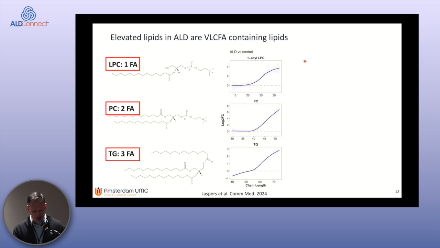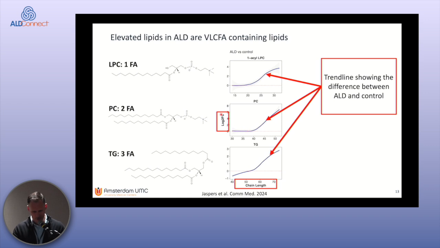Here, in the plots in the middle, the log fold change is plotted on the y-axis, and on the x-axis the chain length is shown for lipids that are present within each class, and the trend line here represents the difference between ALD and control.